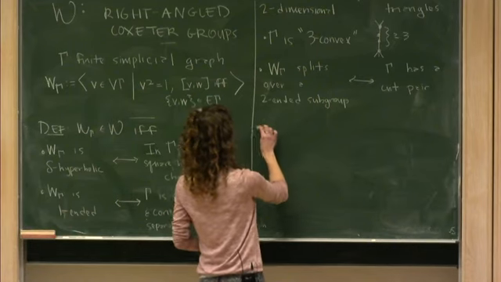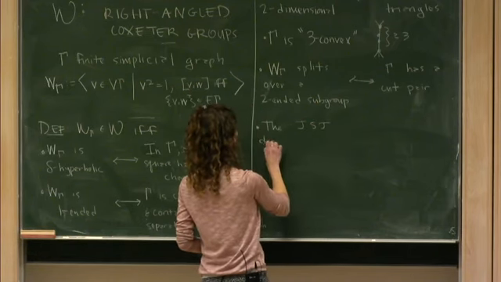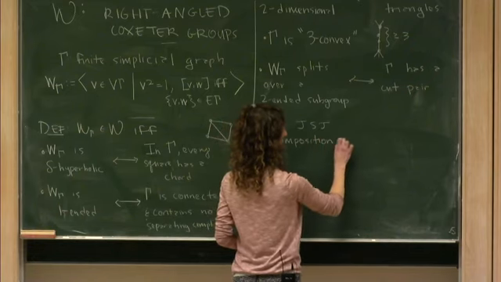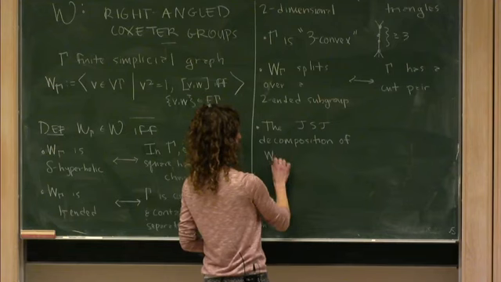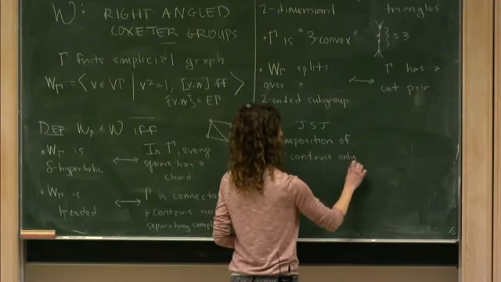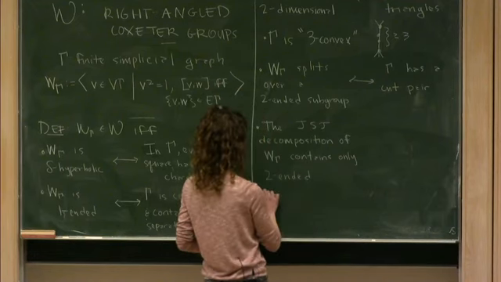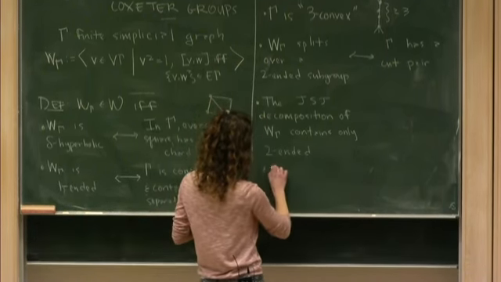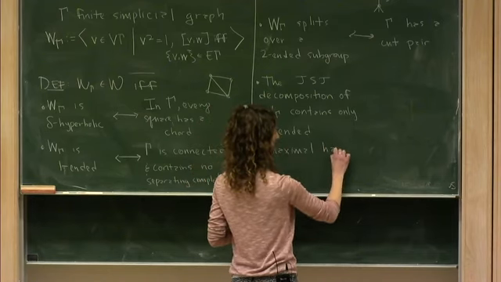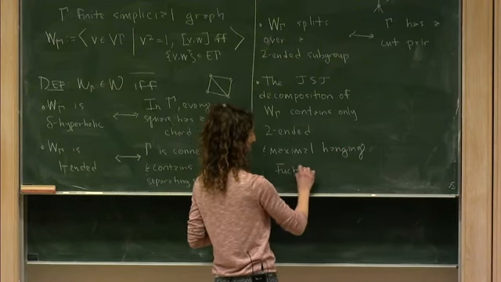And finally, we assume that the JSJ decomposition of W gamma contains only two-ended and maximal hanging Fuchsian vertex groups.